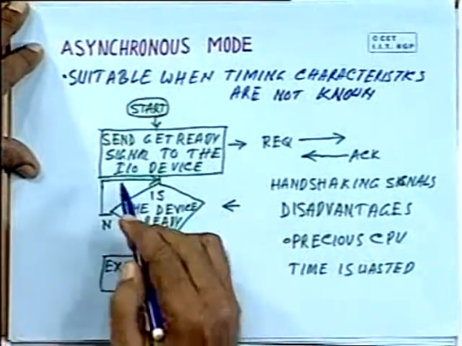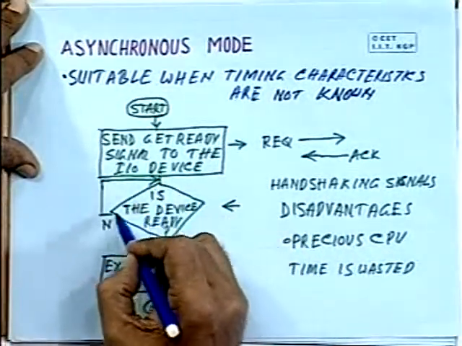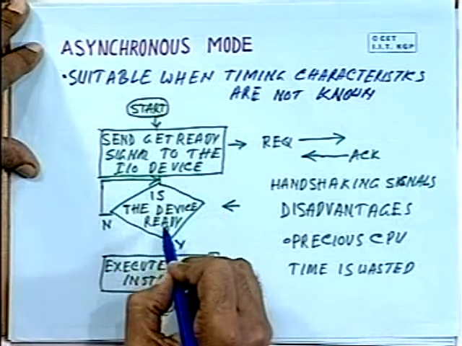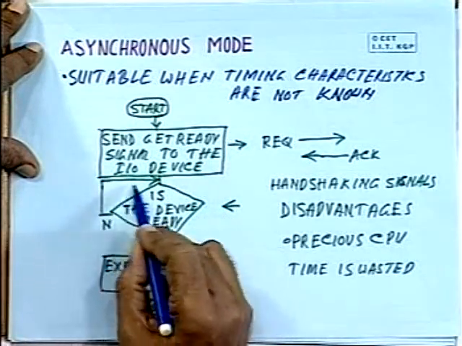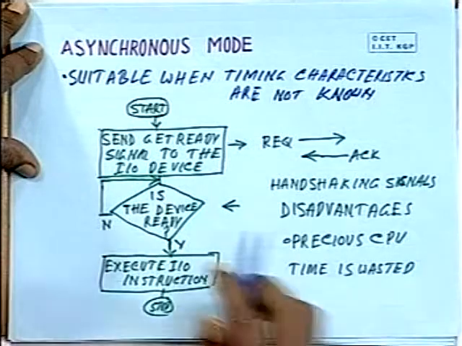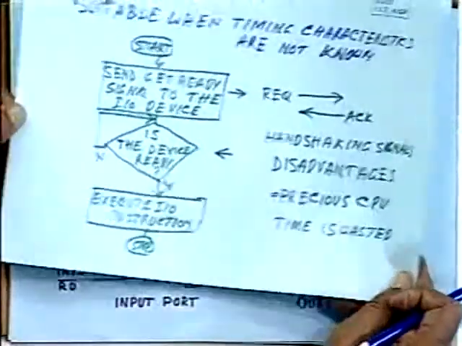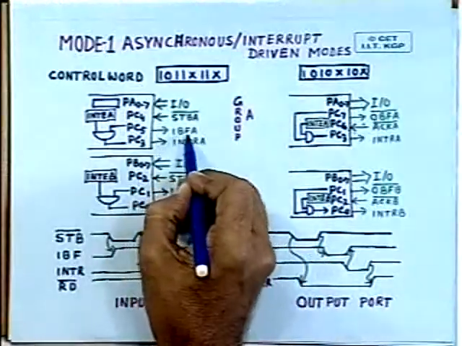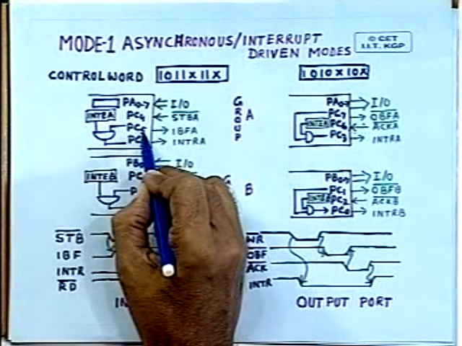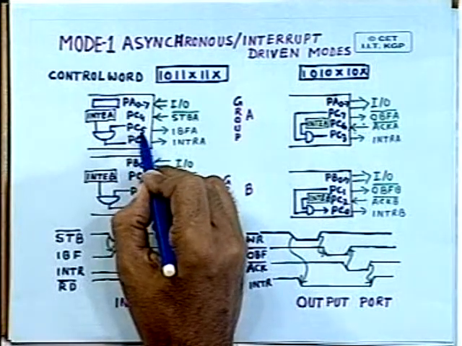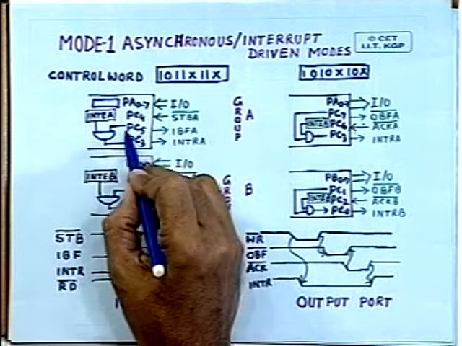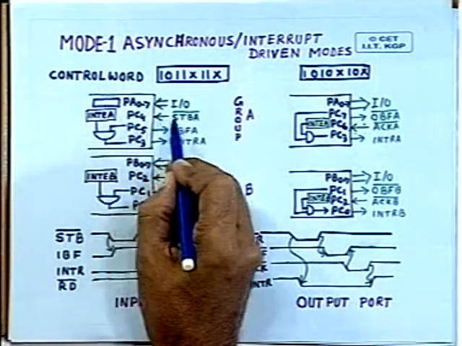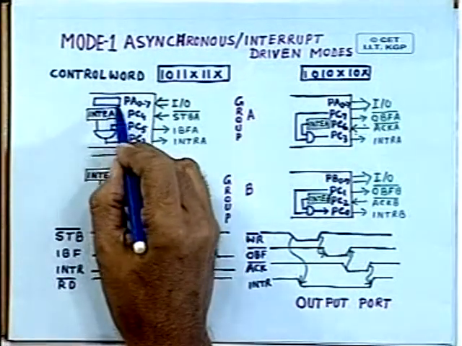To get the status of the IO device, it keeps on checking whether the device is ready or not. This checking can be done by reading this bit value, input buffer full A. So PC5, this bit value will be read, and whenever it is 1, the microprocessor will know that the data has been latched into this buffer.